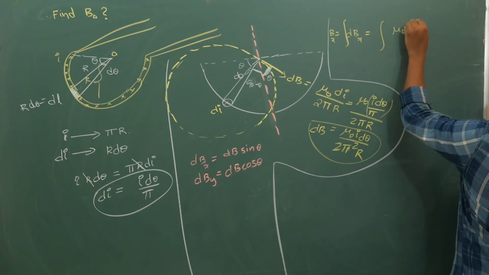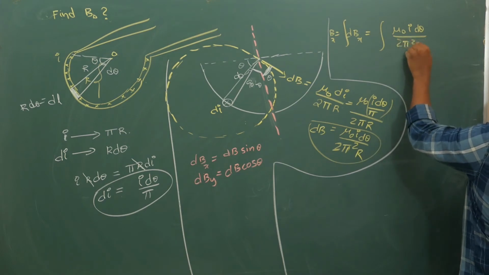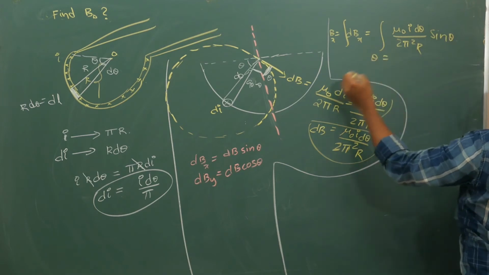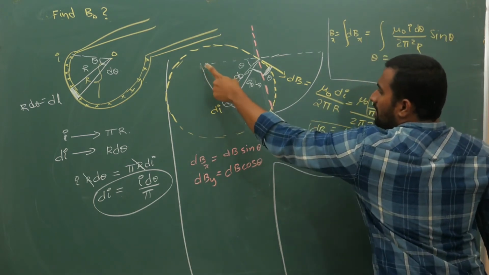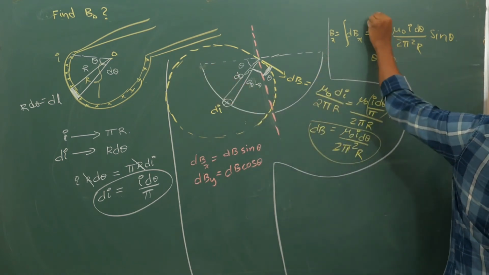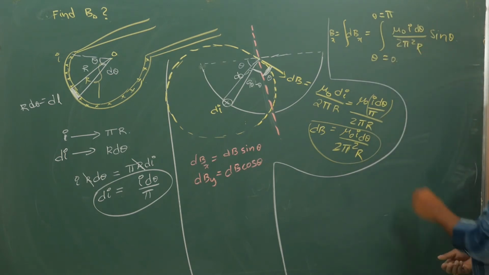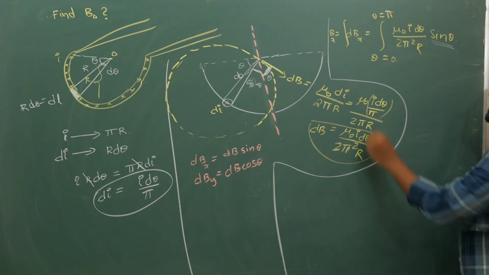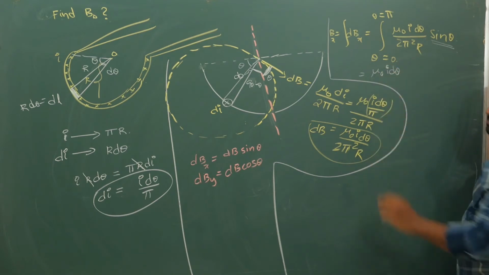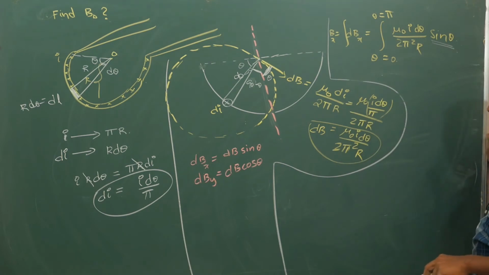So you are going to get mu naught I d theta by 2 pi square r times sin theta, where your limits are, if theta is 0, this part will be here, if theta is pi, 180 degrees, this part will come to this end. So from theta equal to 0 to theta equal to pi, you are integrating it like this. Now the integral of sin theta is minus cos theta. So as a result, this will become mu naught I d theta, constant terms you can take out of the integral. Actually I need space.